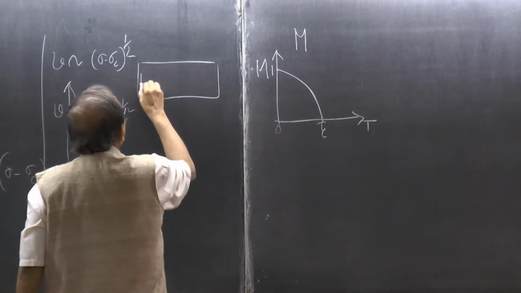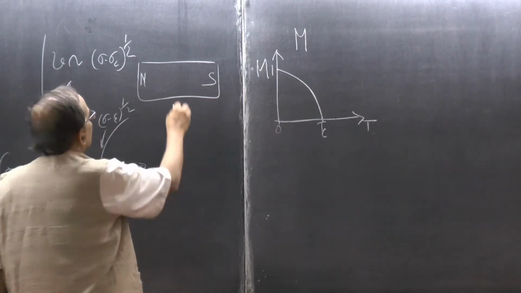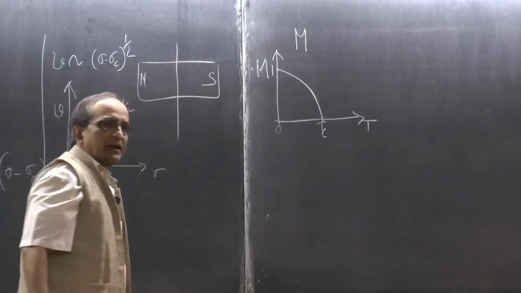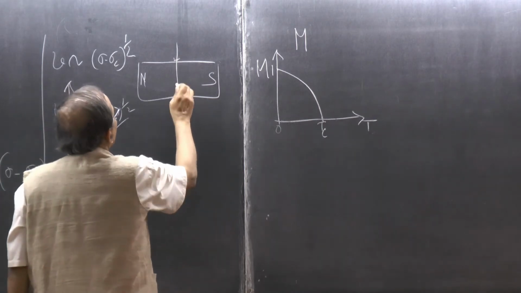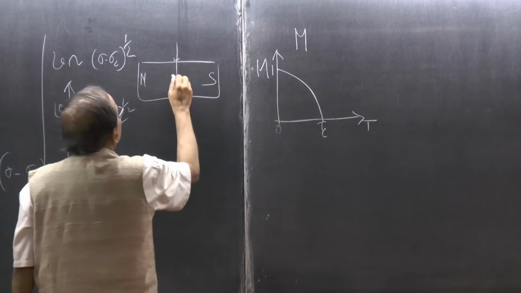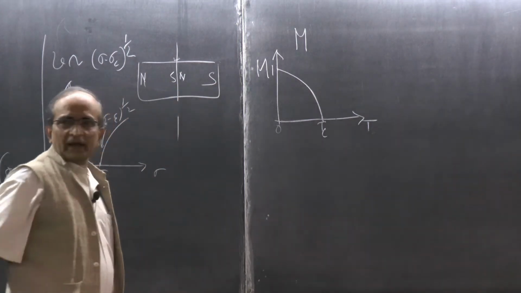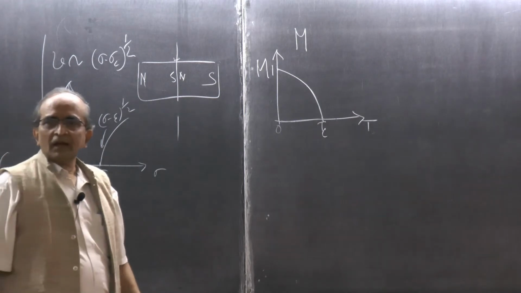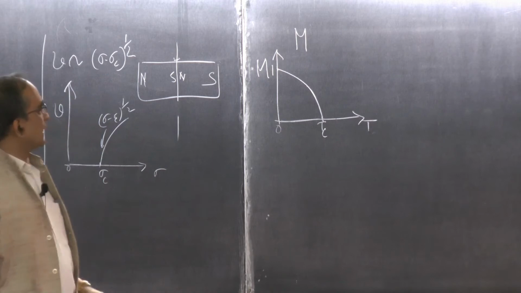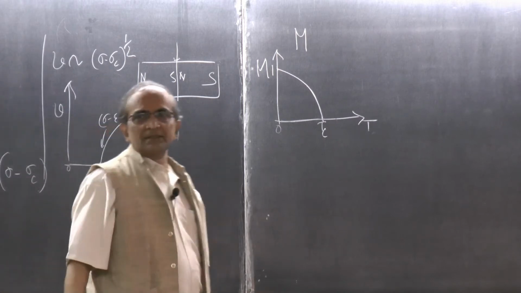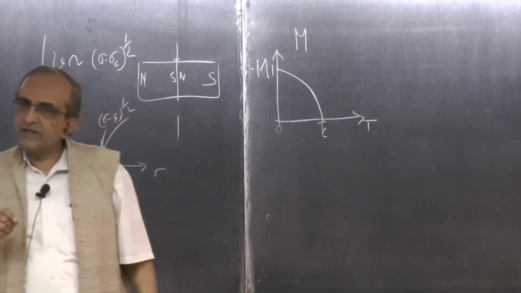So you have a north pole, south pole. Now, what he found is that if you just break, and there was no polarity here at the middle. But if you break in the middle, there would be a south pole here, north pole here, and then there would be two magnets. Then he assumed that this could be arbitrarily done, and then he assumed that means there is no monopole, and there are only dipoles.